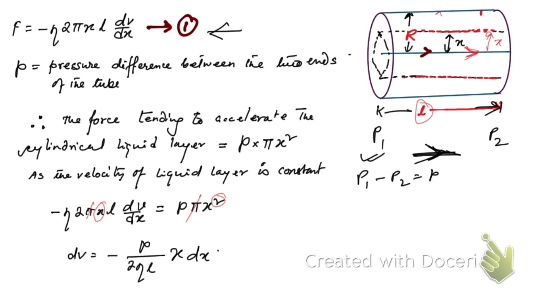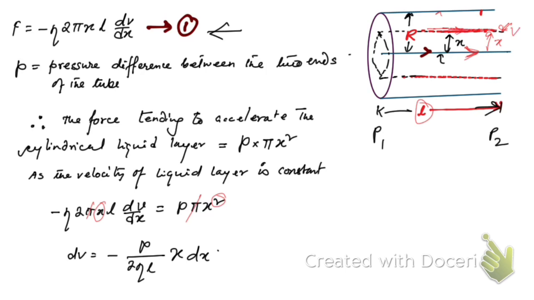Now if we integrate this, you see, the velocity of the liquid at each and every point on this liquid layer, the layer drawn with the dotted line, at x is equal to x, is v.